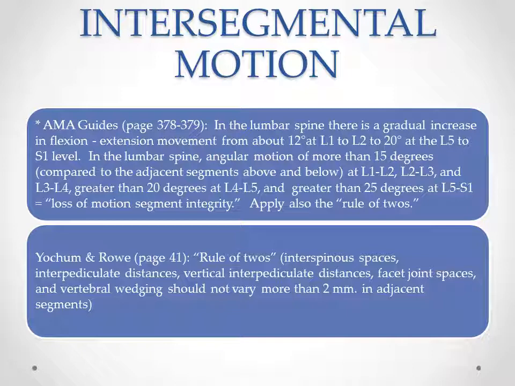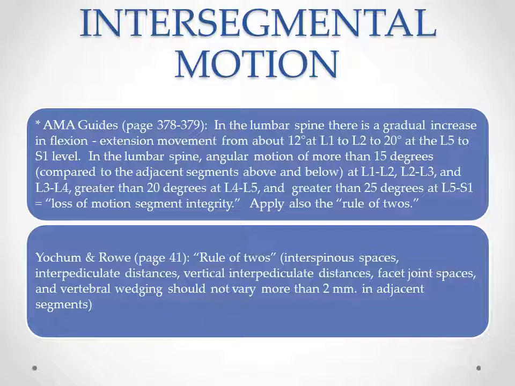Starts out at 12 degrees at L1, L2 and increases gradually to about 20 degrees at L5S1. Well, let's think about it. If it was 12 degrees at each level, which it's not, it says the AMA guide says it increases to 20 degrees at L5S1, but let's just say that it was 12 degrees at each level.